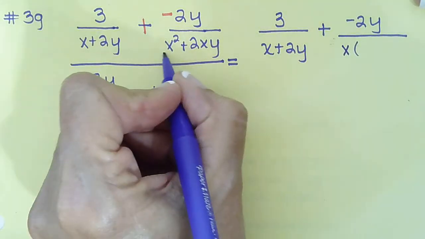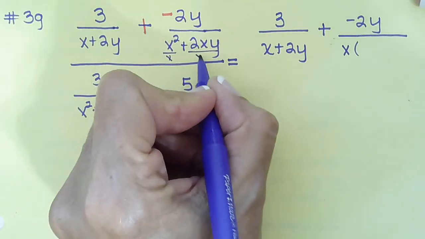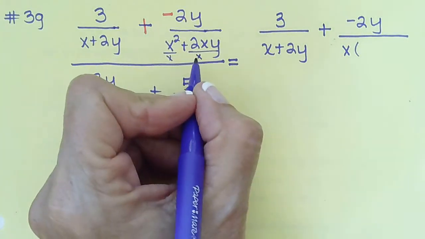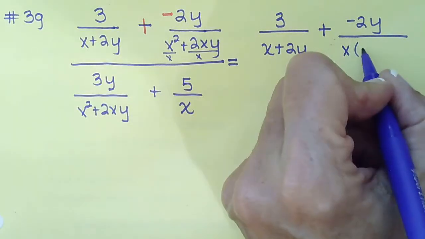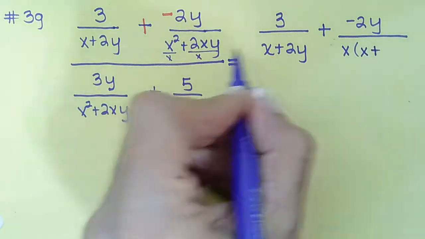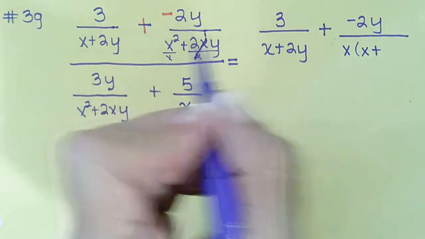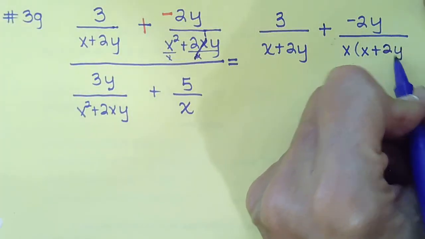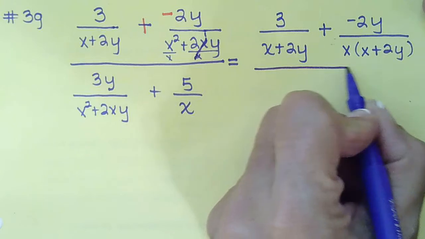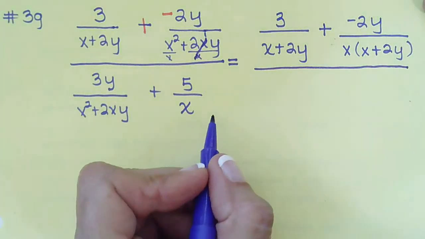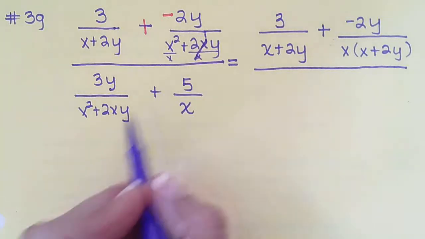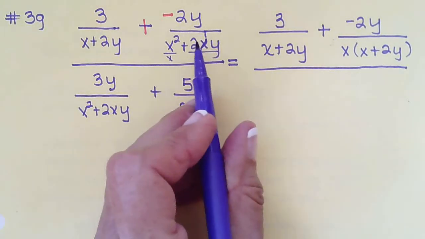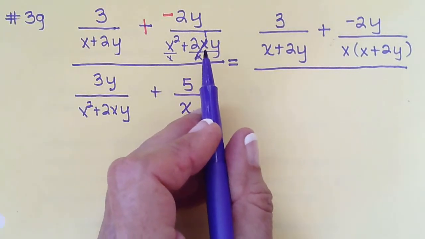So when we divide each of these by x, we now get x, parentheses, when x goes out of there, we'd have plus 2y. And then over, we have the same denominator, so it's going to factor the same way as that last one.